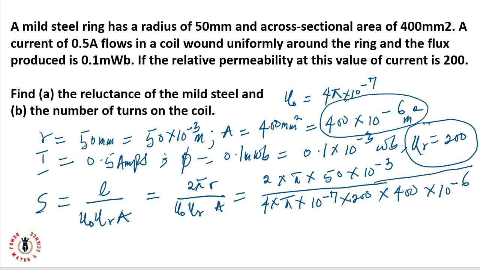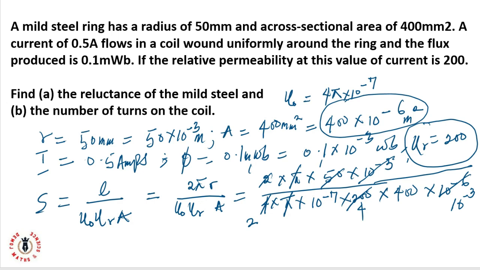This line should extend this way, so that pi here divides pi here. I have 50 and 50, which is 1, and 2 in 4 is 2. 50 in 200 will be 4. Now I have 10 raised to power minus 3 and 10 raised to power minus 6. The 10 raised to power minus 3 should cancel, and we are left with 10 raised to power minus 3.